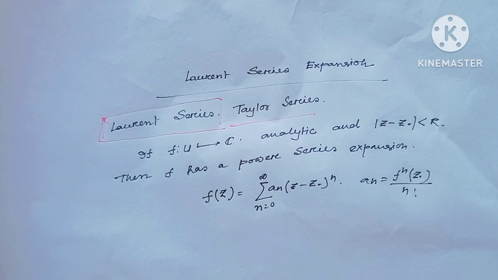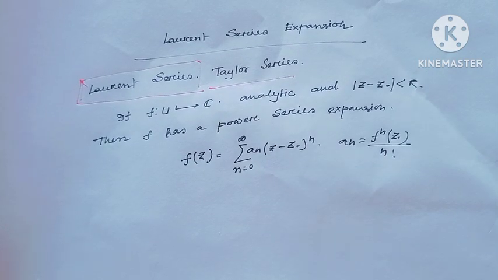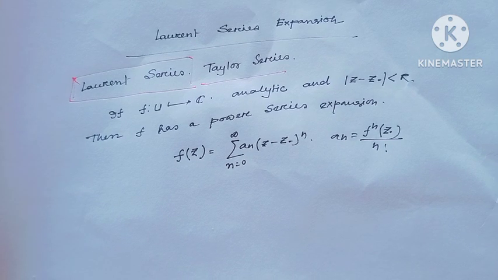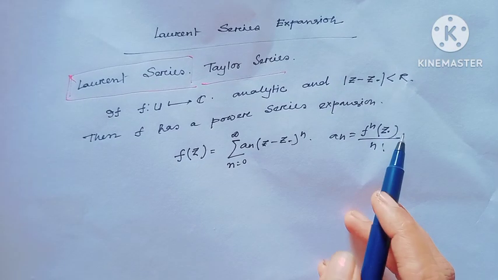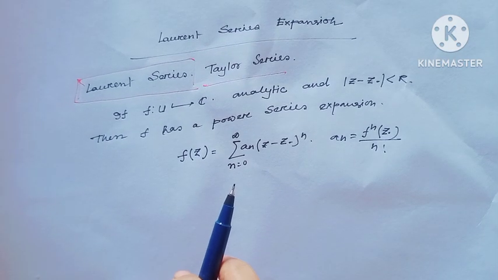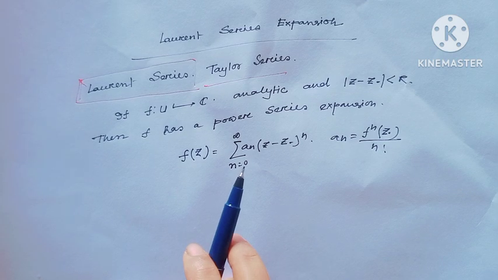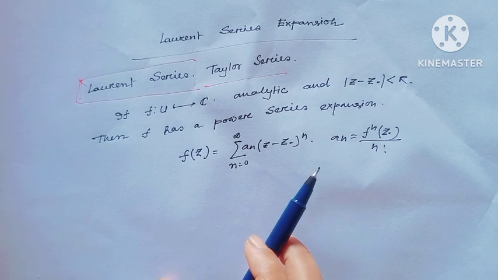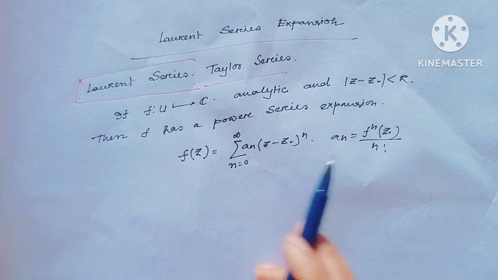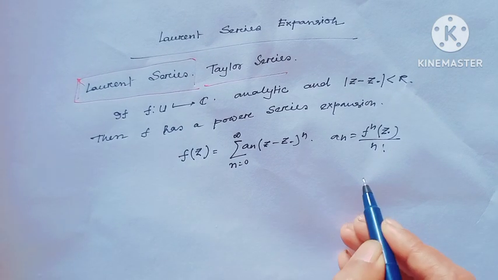In my previous video, I had seen if f from C to C be an analytic function in the domain absolute value of z minus z0 less than r, then f has a power series expansion such that f(z) equals the sum from n equal to 0 to infinity of a_n (z minus z0) to the power n, where a_n equals f to the power n at z0 over n factorial.